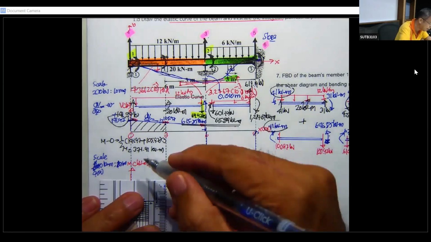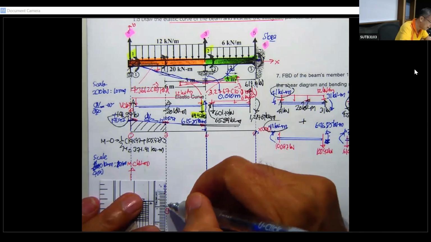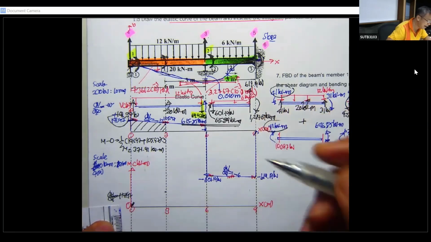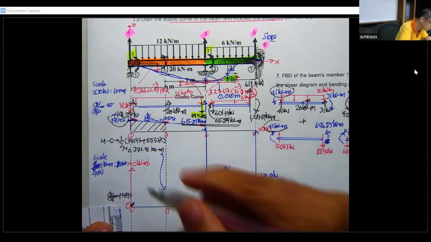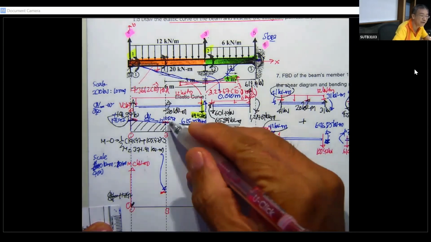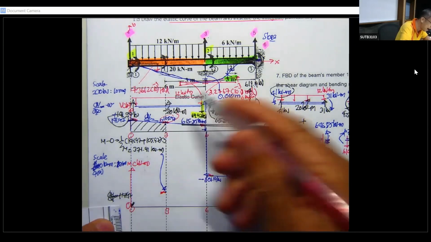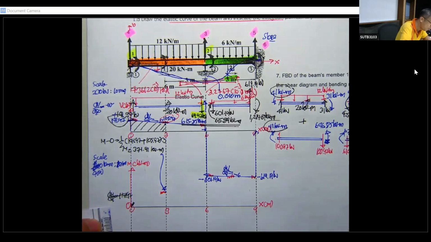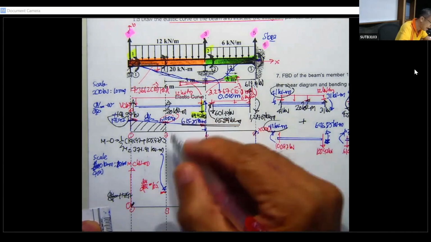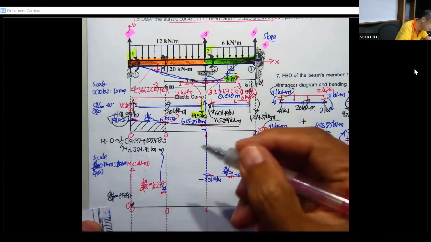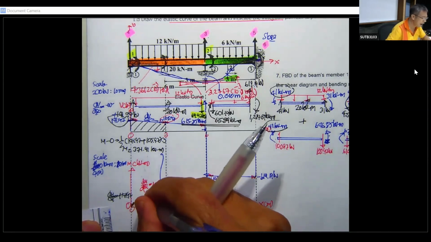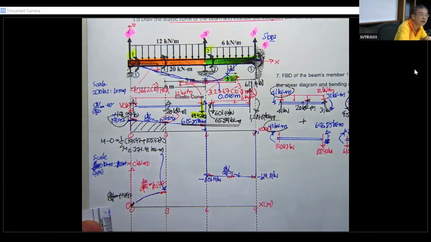Okay, that is about 9 point something millimeter, and this is going to be the value of the moment here, and then the slope over here will follow the shear over here. So the dM by dx is going to be 105.97, and the curve will follow this one as we know. And now this is counterclockwise.